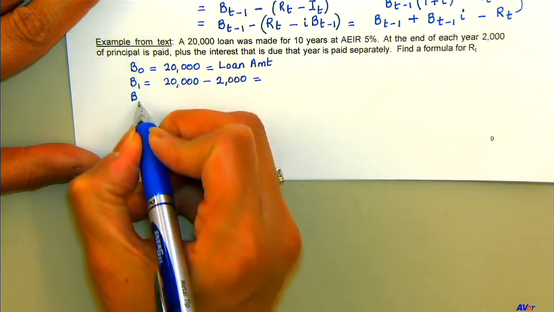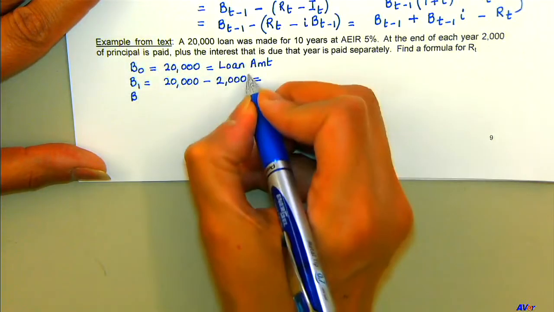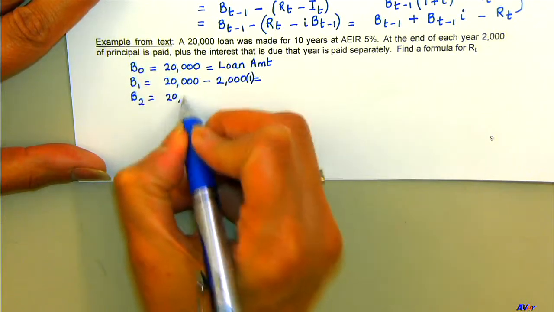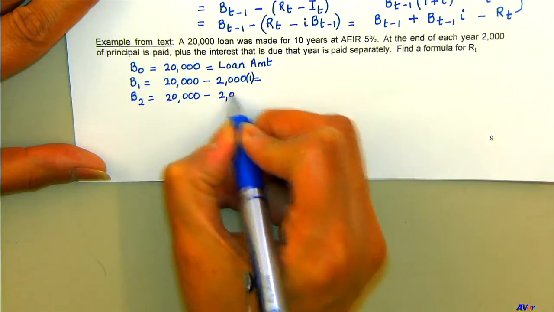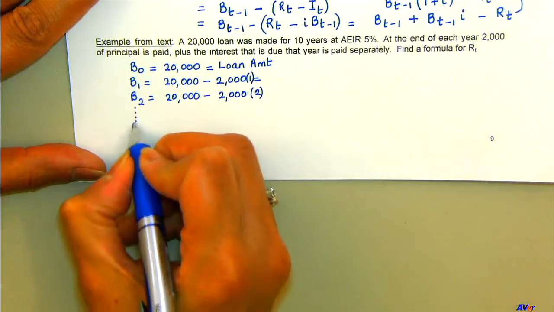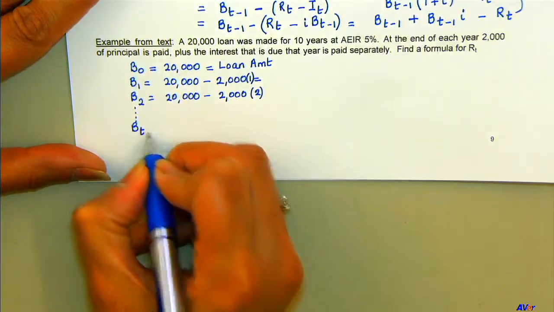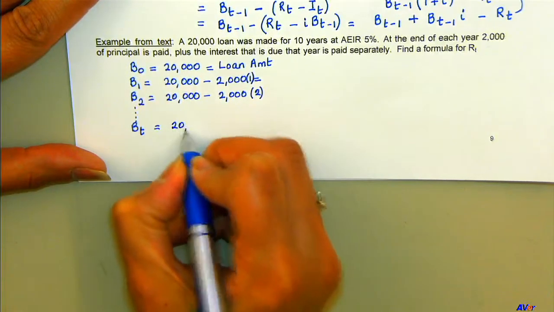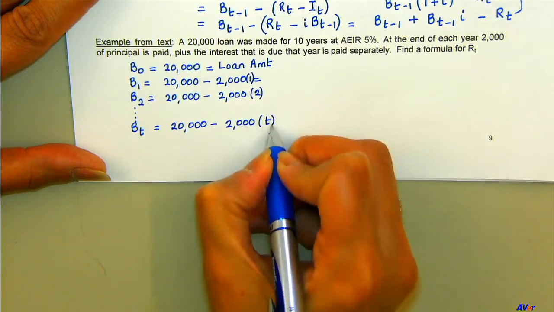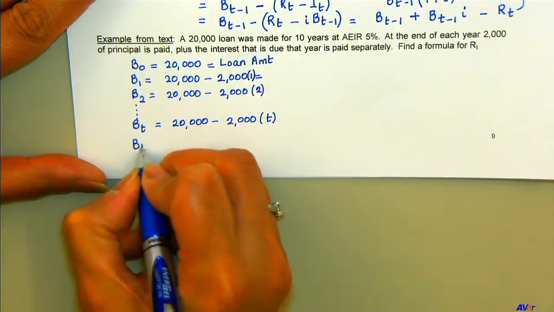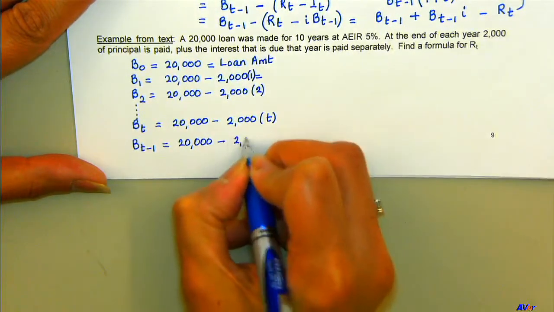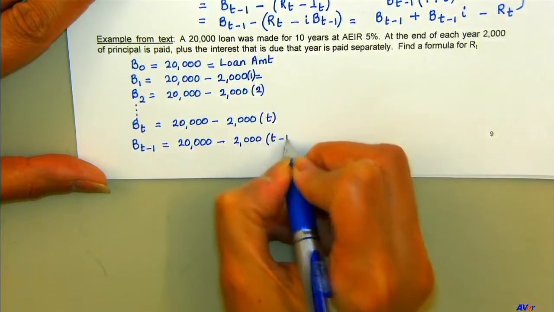B_2, so let me just write 2,000 times 1. B_2 is equal to 20,000 minus 2,000 times 2. Looking at this pattern, I see that B_t is equal to 20,000 minus 2,000 times t. And B_{t-1}, by the way, is 20,000 minus 2,000 times (t minus 1).